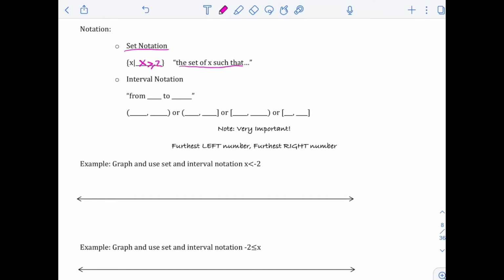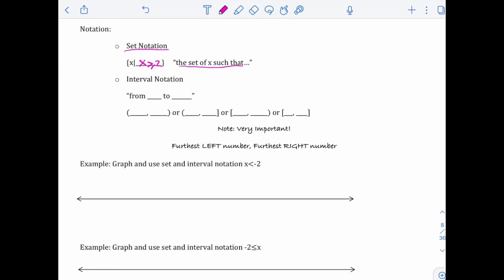So it's all of the x numbers that are real, of course, and that are greater than or equal to the number 2.